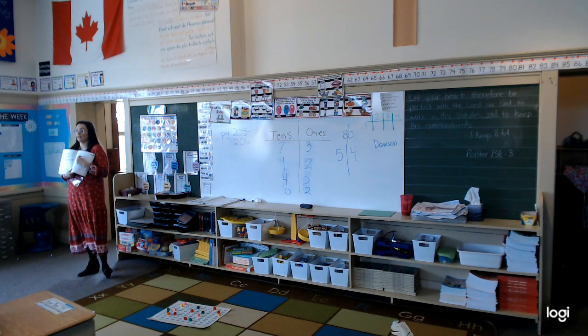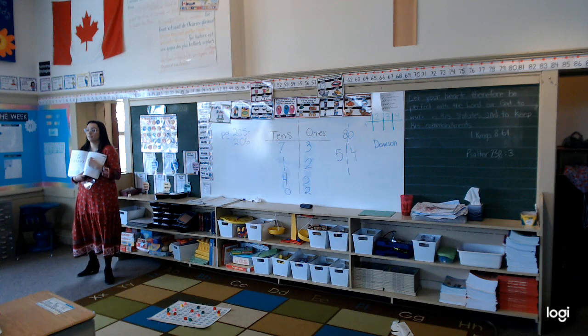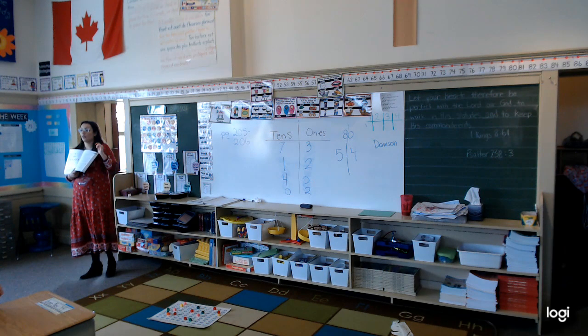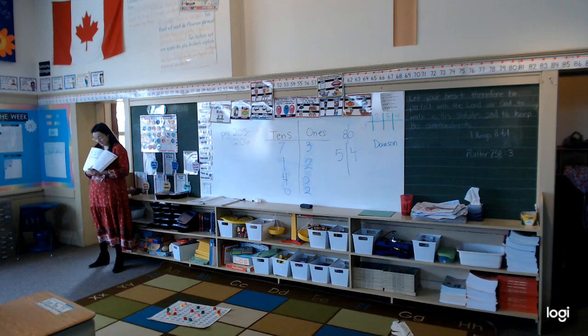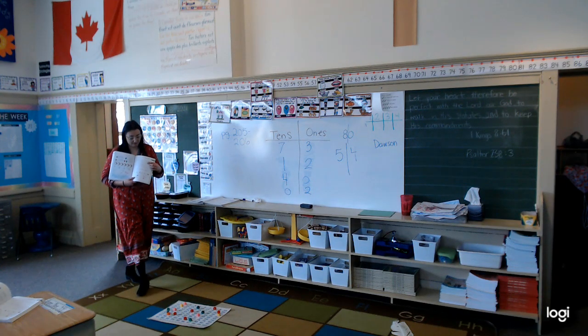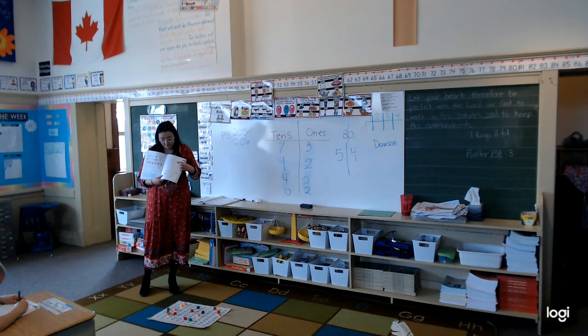Lock it in your brain. Jordan F., what's the answer? 30. So it says land on blank. You are going to write the number 30 in the blank for number 1. It says start at 27. Jump forward 3. Land on 30.